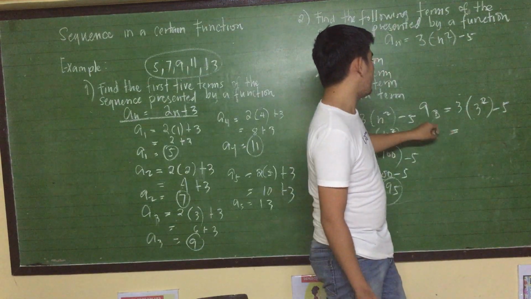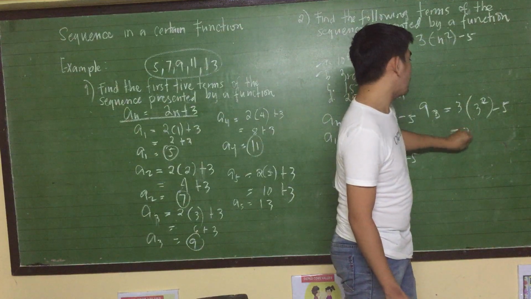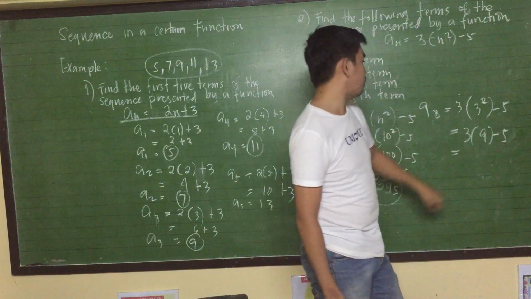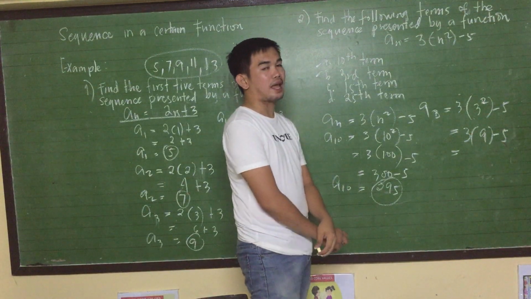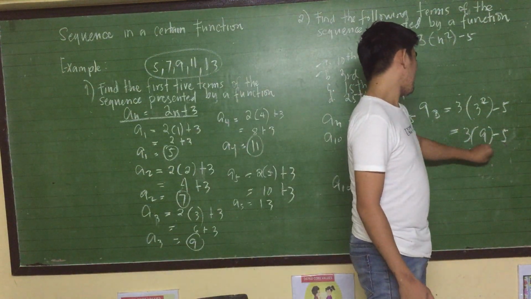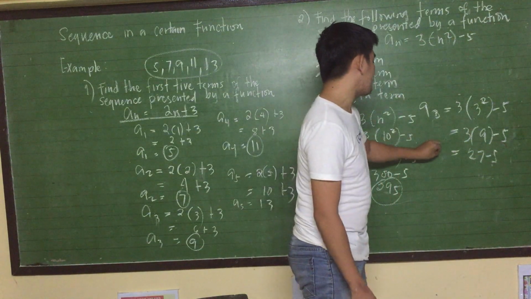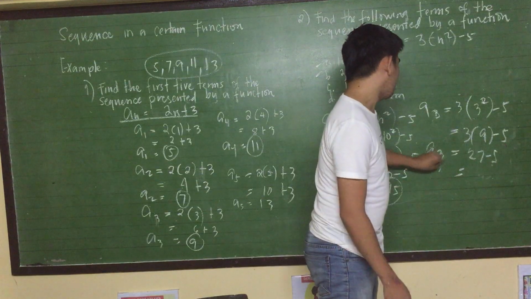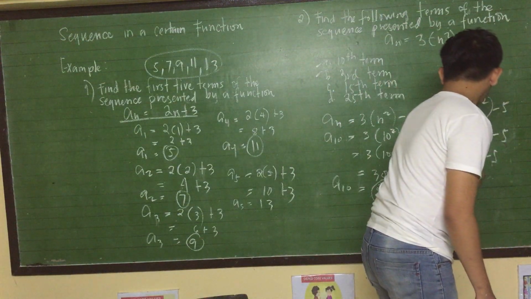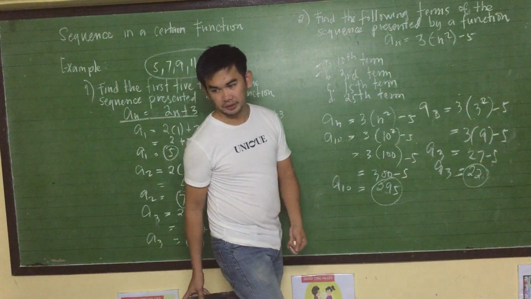So 3 raised to 2 is equal to 9, so we have 3 times 9 is equal to 27, minus 5. Therefore, our third term, a sub 3, is equal to 22.